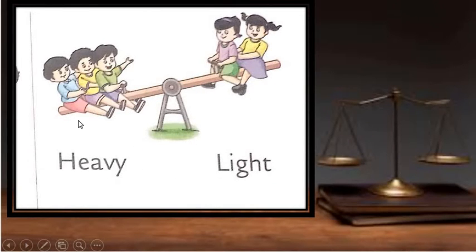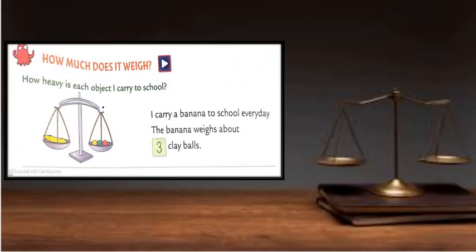Now observe this image. On this side there are 3 children, when the other side there are 2 children. So this side is heavy and this side is light.